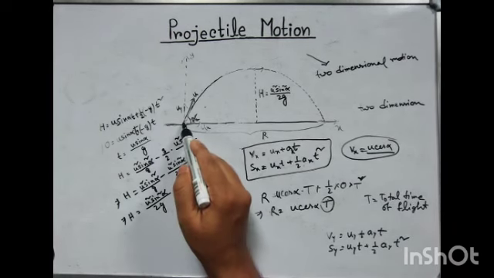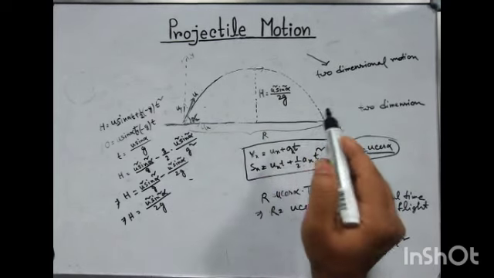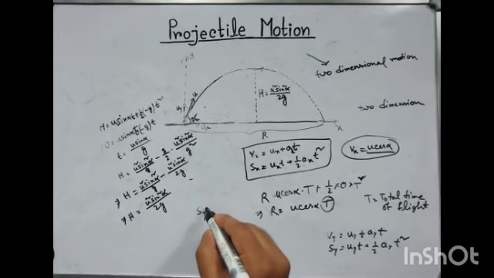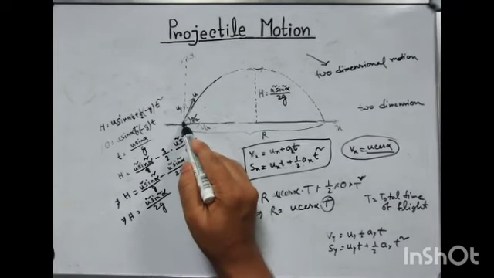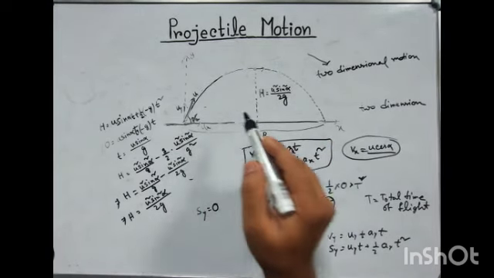Because the net displacement from the initial point to the final point is along the x-axis, it has an x component, but sy is 0, because the displacement vector will have only an x component, no y component.